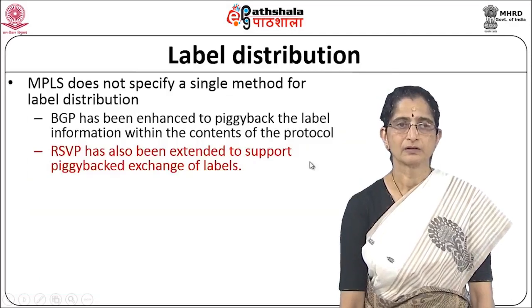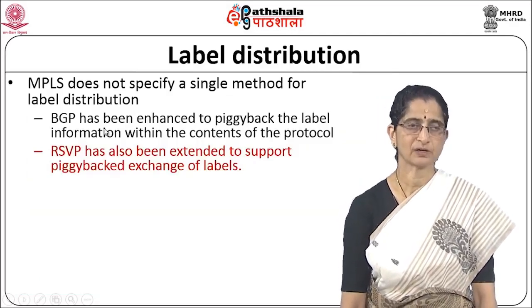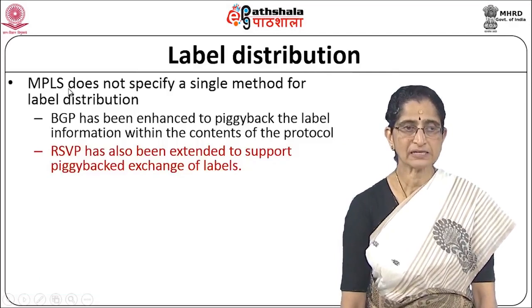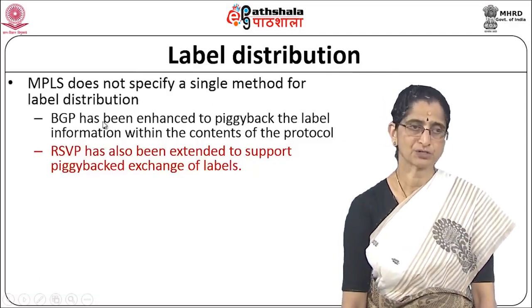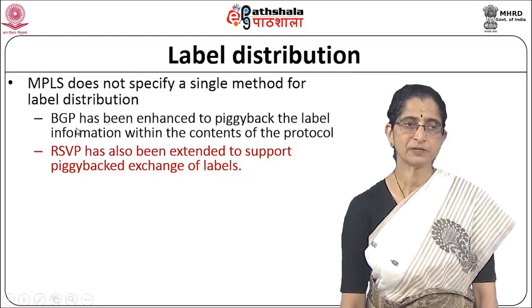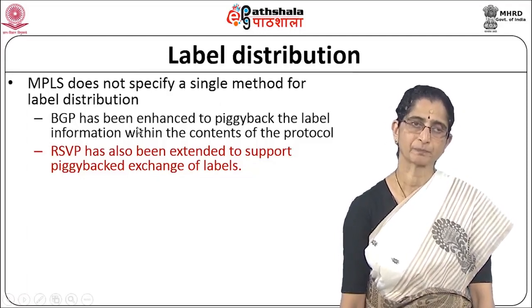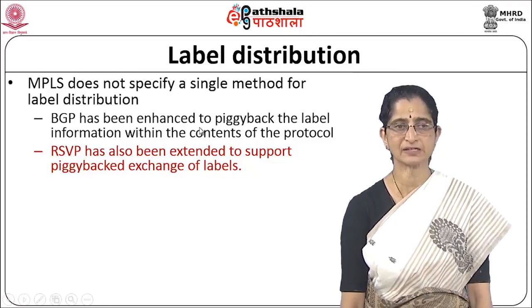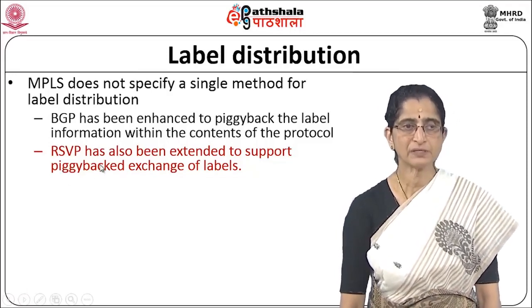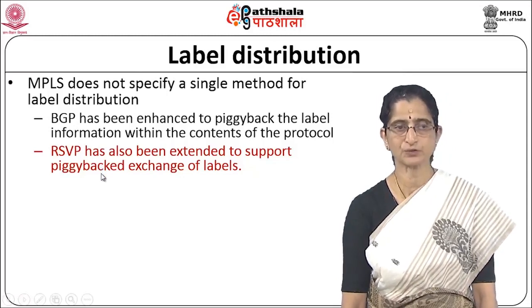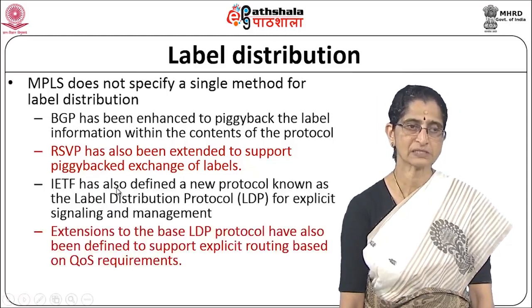And how is this label distributed? MPLS actually has multiple methods for label distribution. One is that you could use BGP, which has been enhanced to carry label information. There is also the RSVP protocol, which has been extended to support the exchange of labels.